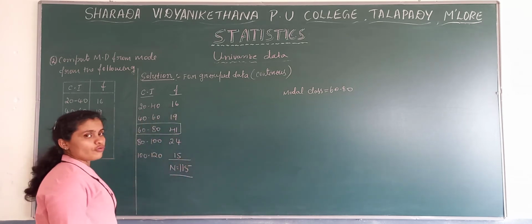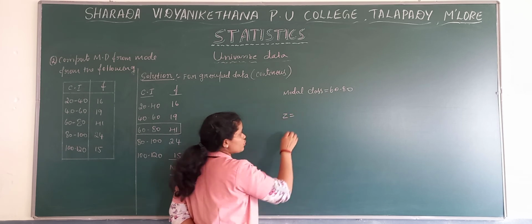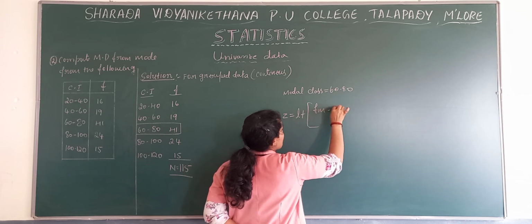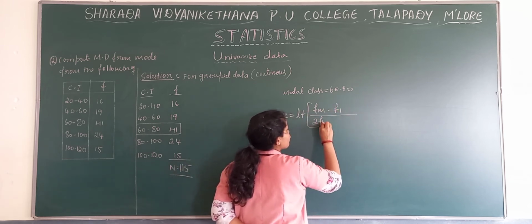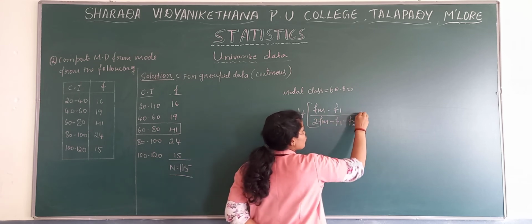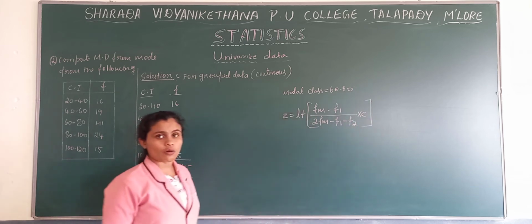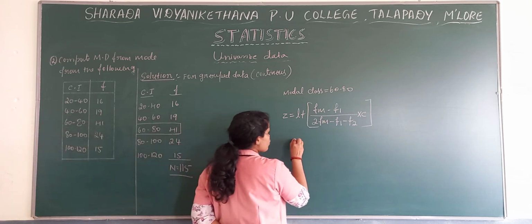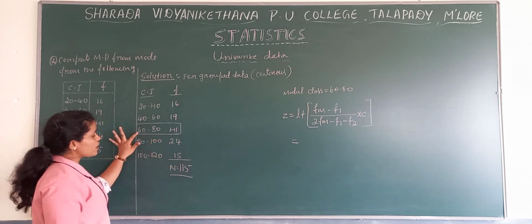Now apply the mode formula for continuous data. The formula is Z = L + (Fm - F1) / (2Fm - F1 - F2) × C. Now substitute. L, the lower limit of the modal class 60 to 80, is 60.